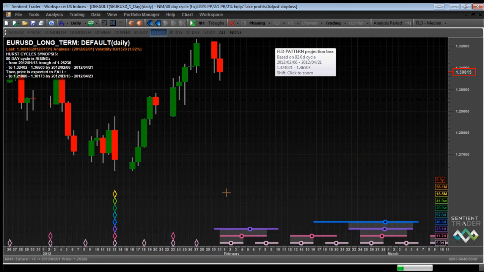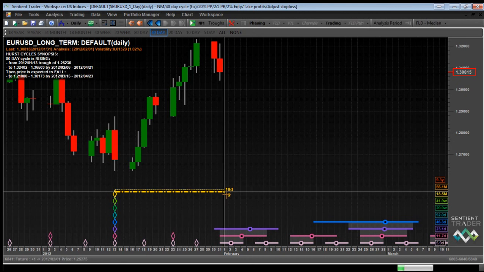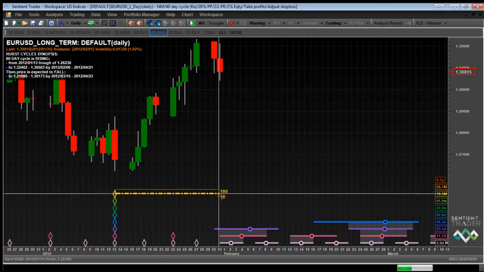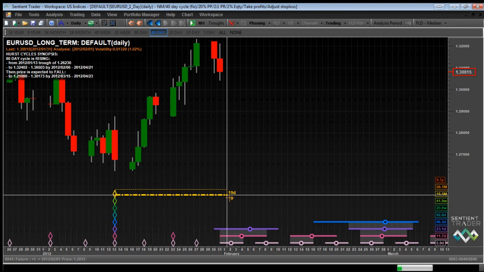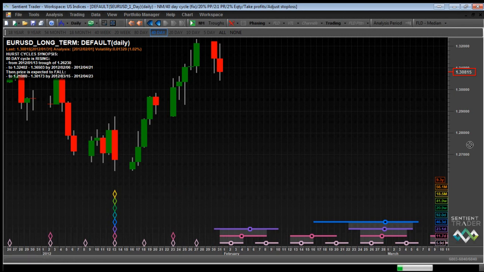That, therefore, is my presentation of what's happening in the euro to US dollar at the moment. What's happening really short term? Well, of course, we're expecting the euro US dollar to move down into a 20-day cycle trough, which looks as though it's been doing this week.